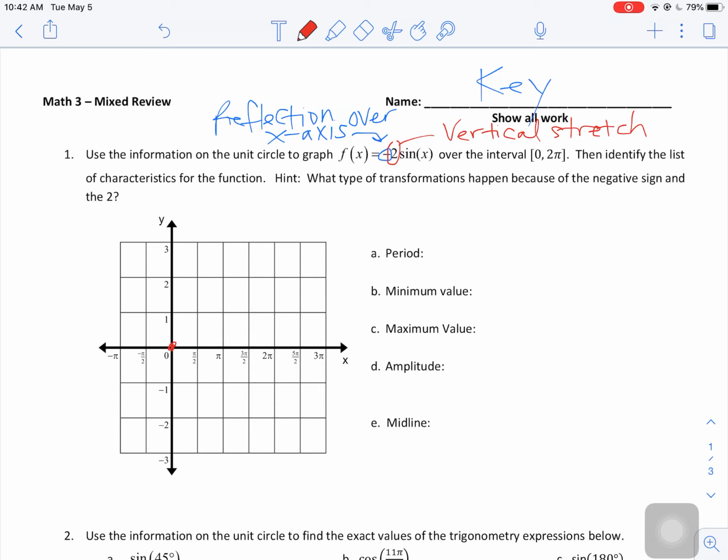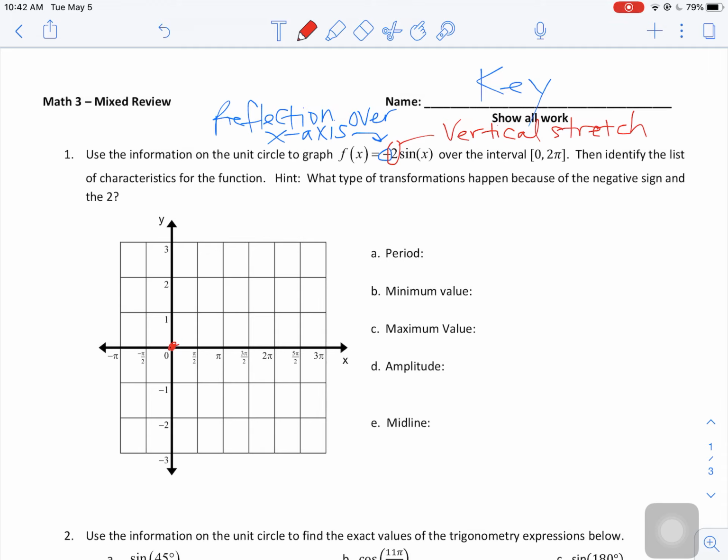Once you've done a lot of these, hopefully you've been noticing that sine graphs are always starting at the origin, and then cosine graphs are always starting off of the origin. If you don't know that, then you can just go through and look at your unit circle to get all of the points that would be on the normal graph of sine x, and then we can just use our transformations to modify or transform everything.